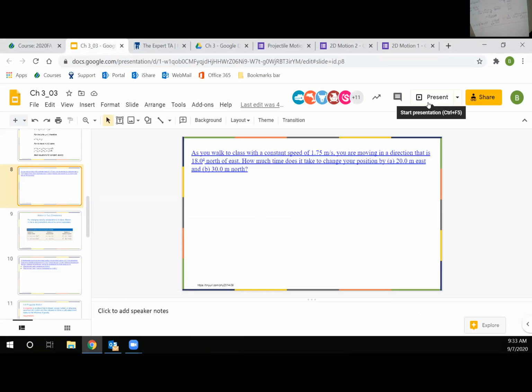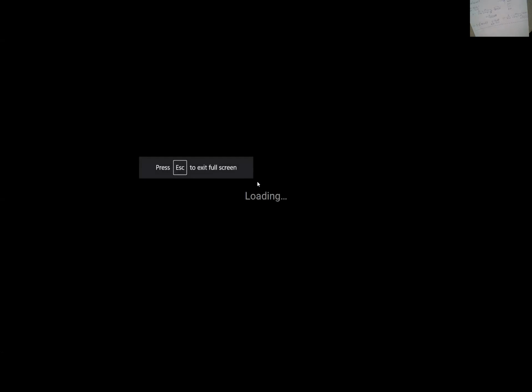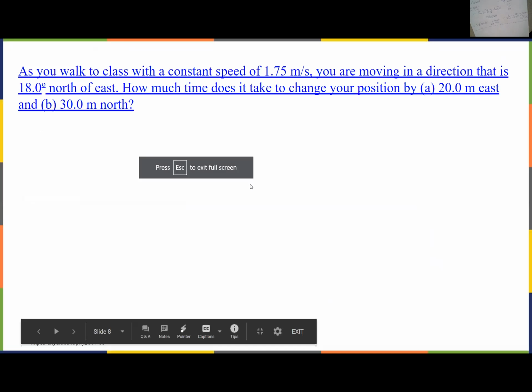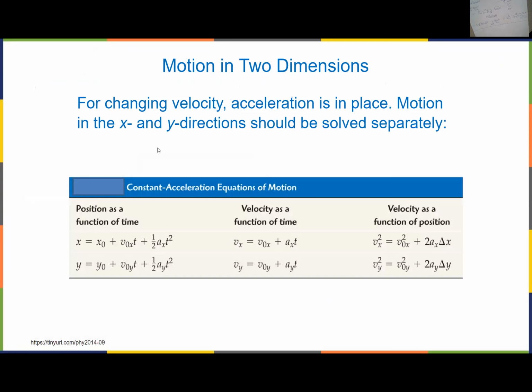This practice problem had no acceleration, meaning constant velocity. In case you have acceleration, you add the term that has acceleration in the equations of motion.